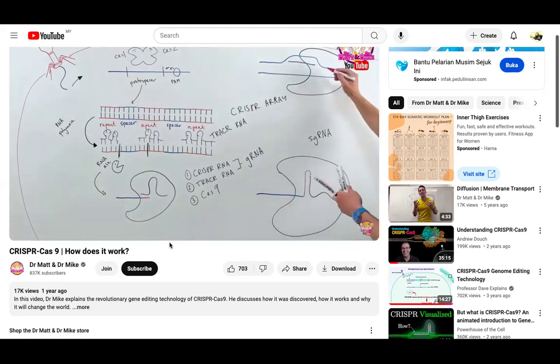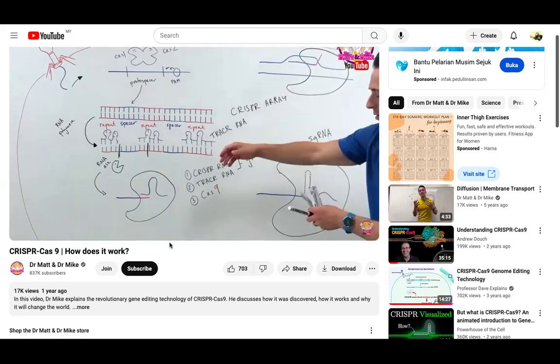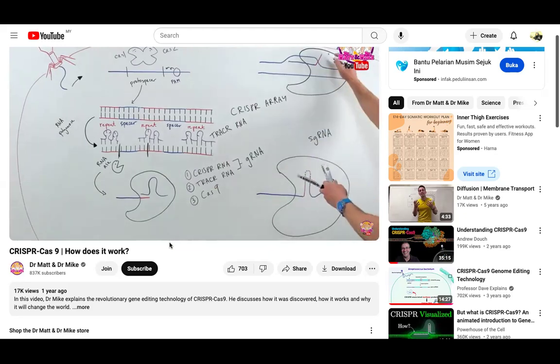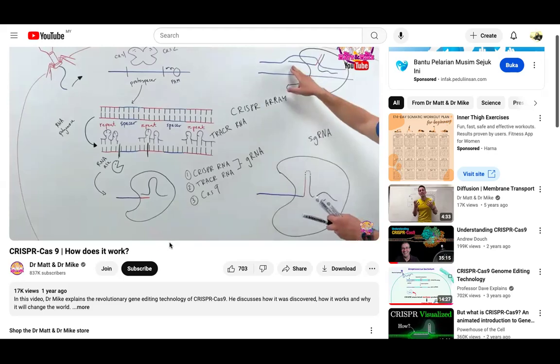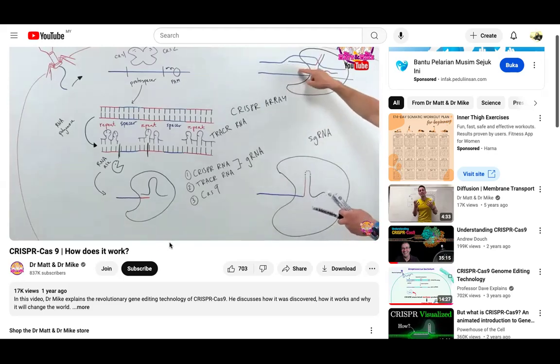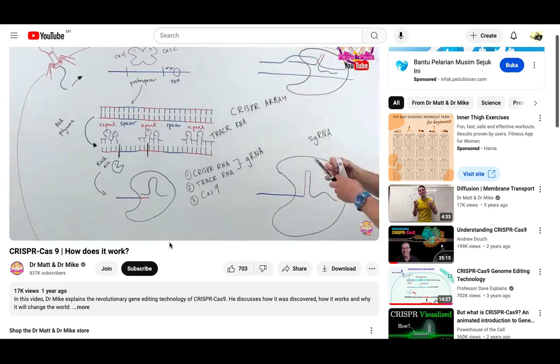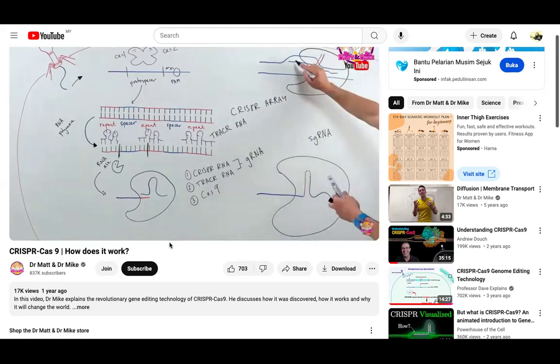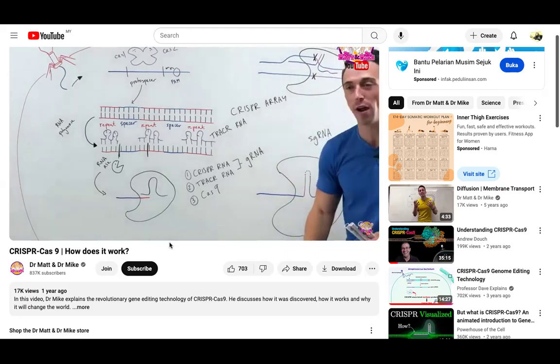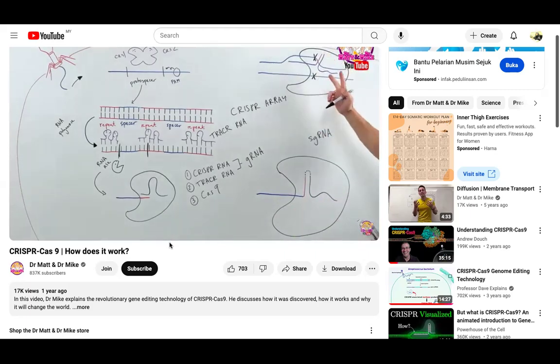And then we're going to have part of the repeat CRISPR RNA, and then the tracer. Once this guide RNA is bound to this viral DNA that's been injected, it identifies where it needs to cut. It goes, okay, I'm bound here, right at the end, I'm going to chop it up right there, and I'm going to chop it up right here on the other strand. It breaks both strands. Cas9, chop, chop.